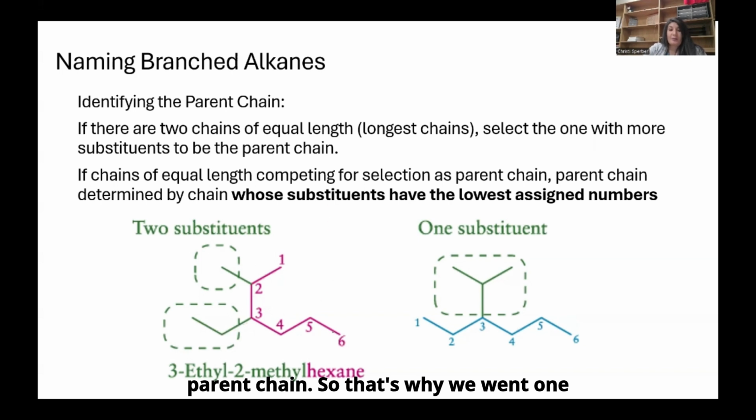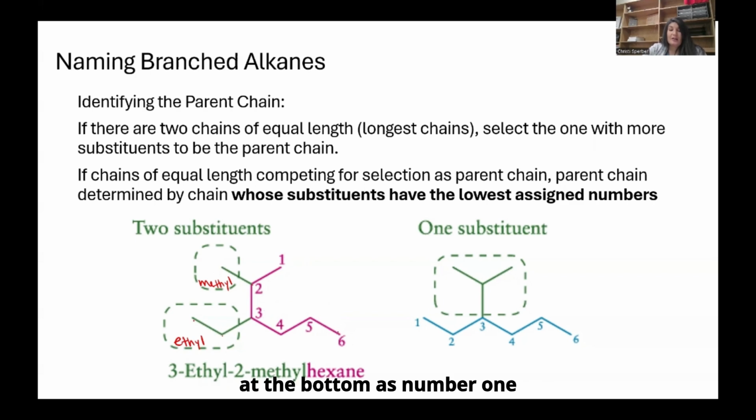So that's why we went 1 through 6. We see we have a 1-carbon substituent on carbon 2 and a 2-carbon substituent on carbon 3. 2 carbons is eth, so this is ethyl. 1 carbon is methyl. We also see that we number carbon 1 at the top and go down to the bottom.